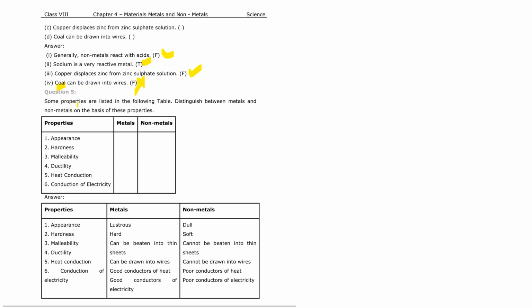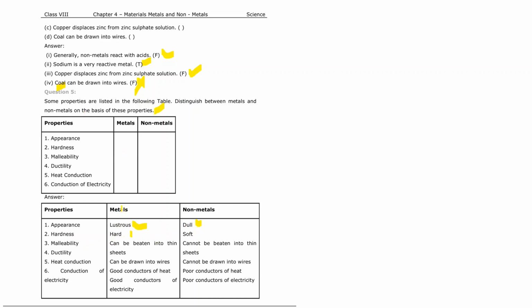Now some properties are listed in the following table; distinguish between metals and non-metals on the basis of their properties. In appearance, metal is lustrous, and non-metal is dull. In hardness, metal is very hard, while non-metals are soft.